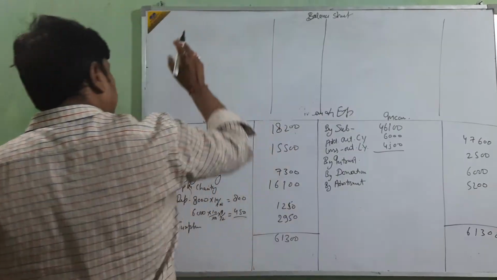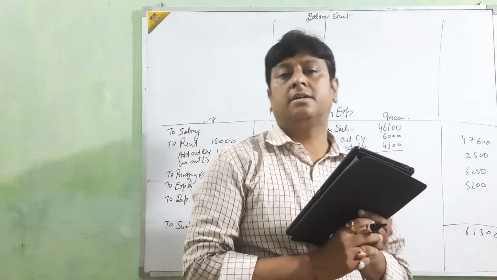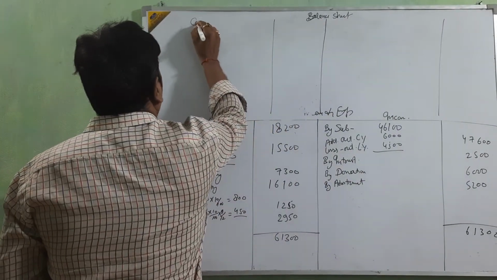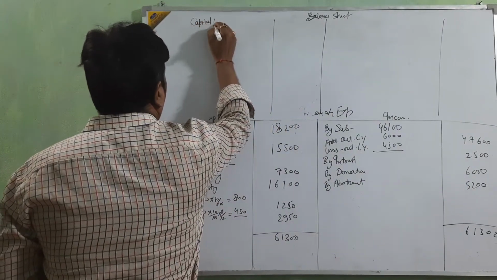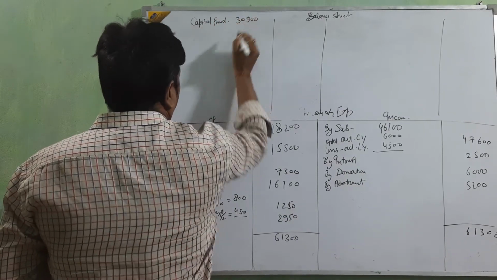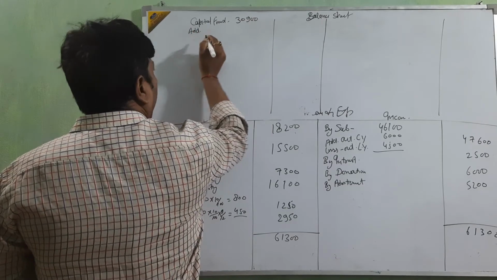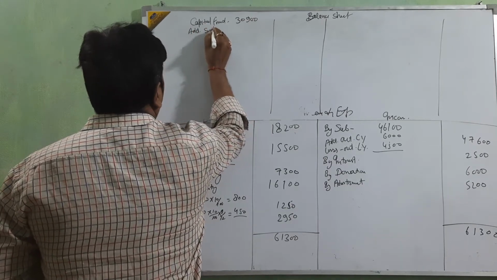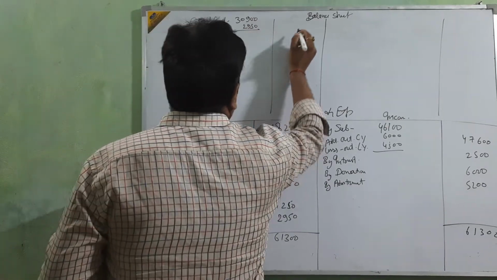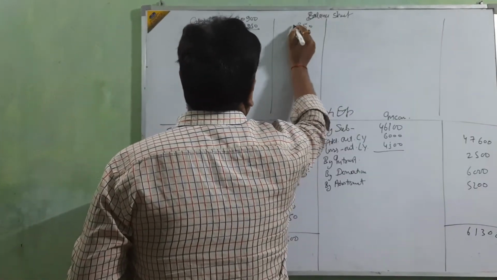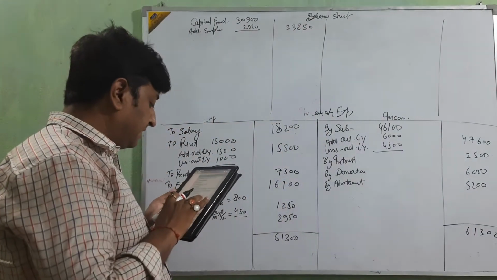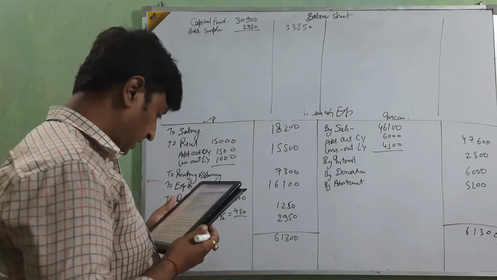In trading business we use capital, but here it is capital fund, and the amount is 30,900. Add surplus 2,950, total 33,850.